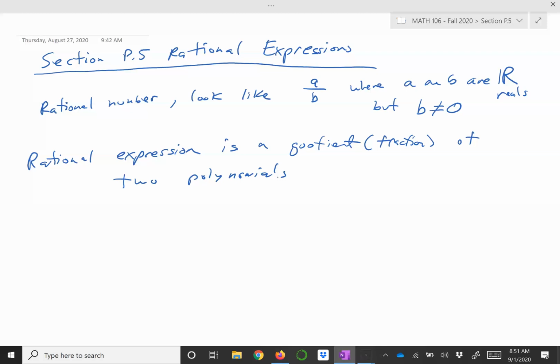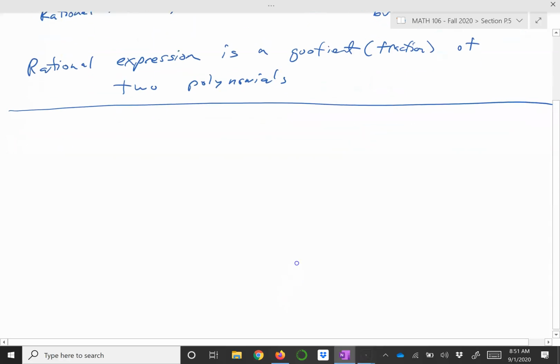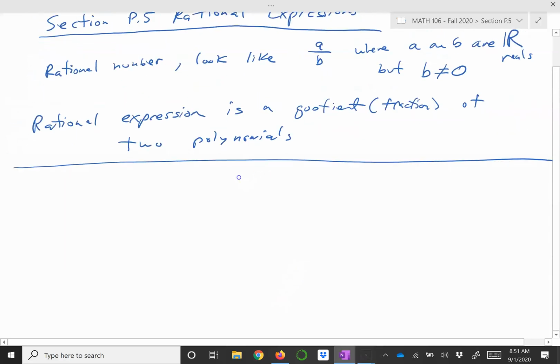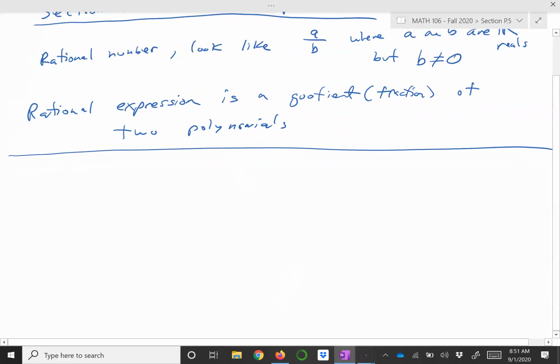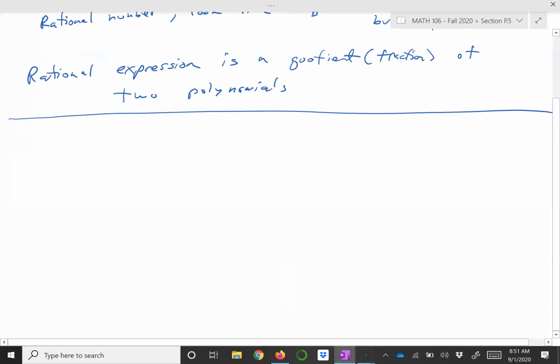Okay? All right, so the first thing that we want to do in this section, and again, this section, just like the others, I'm going to be showing you problem types, so you know what to look at. So this is problem type number 1. So this would be reducing rational expressions to lowest terms.